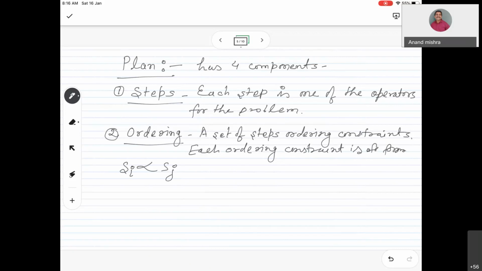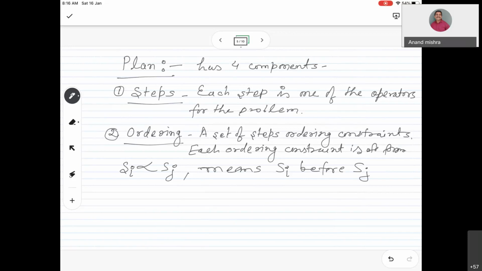It means that the step Si has to be executed before Sj. It does not say that Si must be immediately before Sj, but just that Si must occur before Sj.